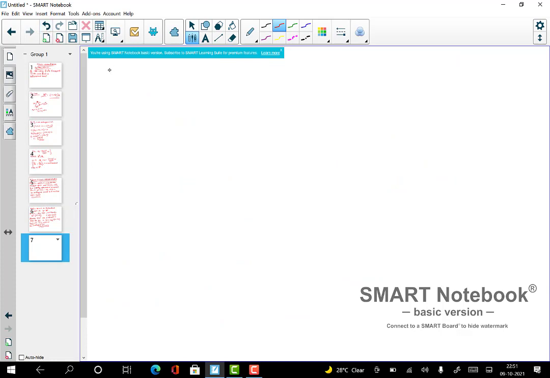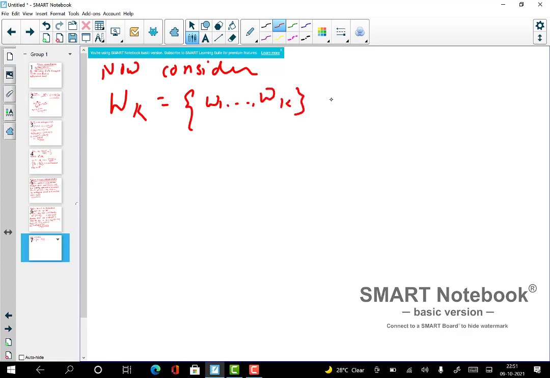For k, so now consider the case for k. Consider that Wk, which is for the case of k. So this W1, W2, Wk are linearly independent, and define W k dash.